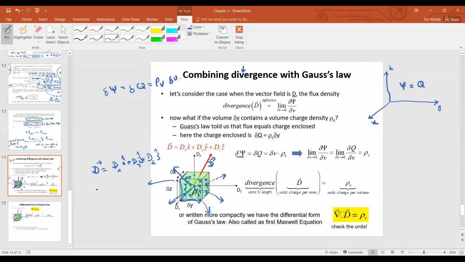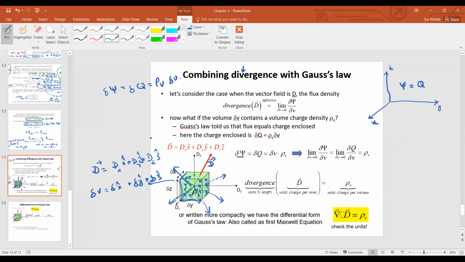The differential volume is differential x, differential y, differential z. He wanted to study that in a coordinate system, and he said if you do that, the divergence equals rho v.